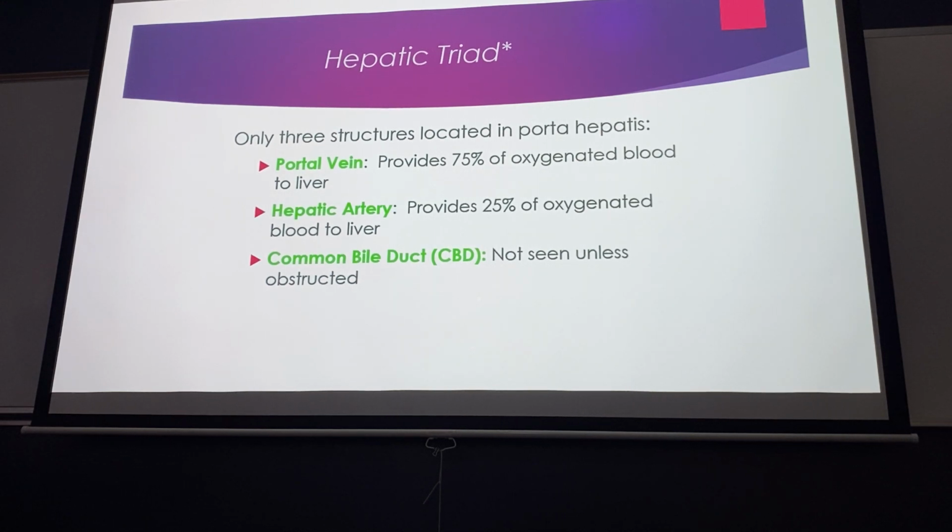The reason for it, it's a large vessel that goes into the liver, and venous blood always has a percentage of oxygen still within it. It's relatively low for most structures and most tissues. But in this case, it's such a large volume of blood coming through the liver that 75% of the oxygen needed by the liver is provided through the portal vein.